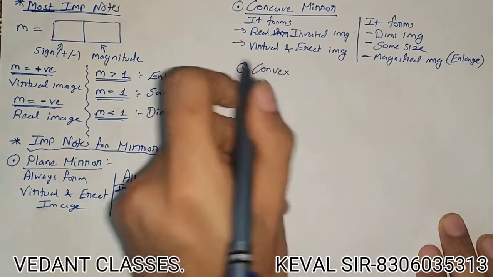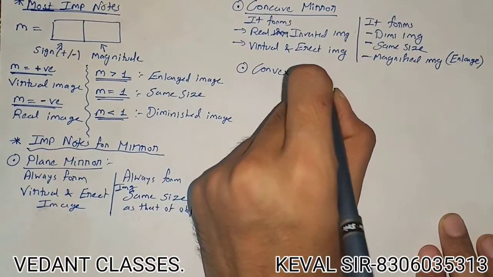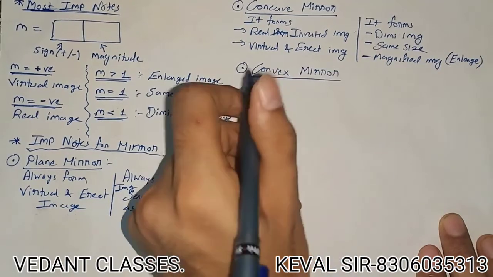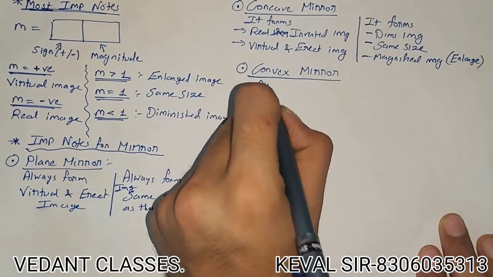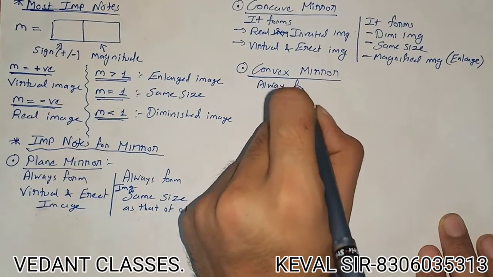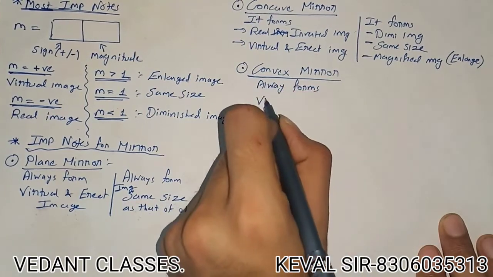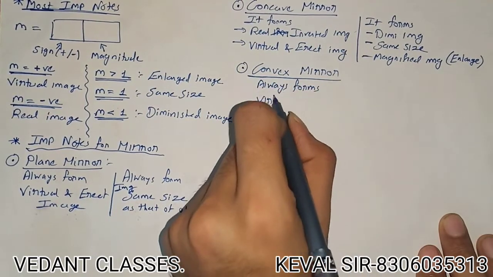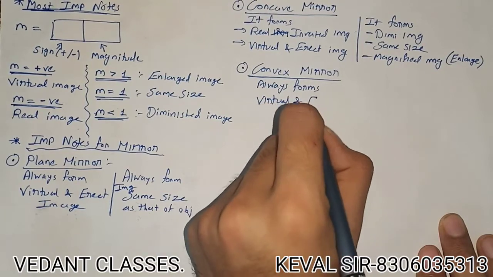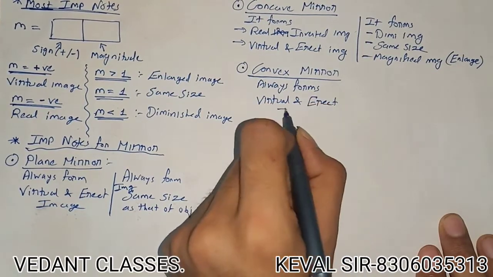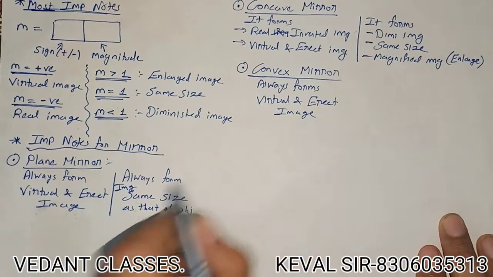Then for the convex mirror, it always forms virtual and erect image just like plane mirror.